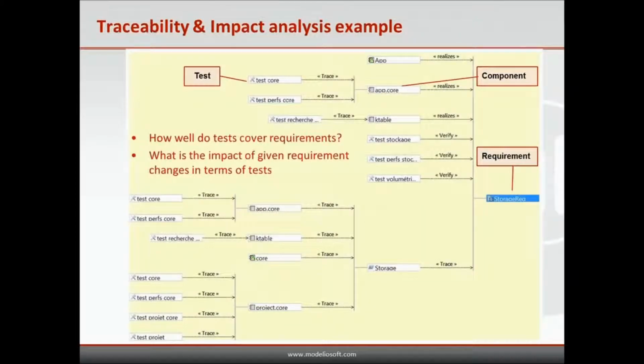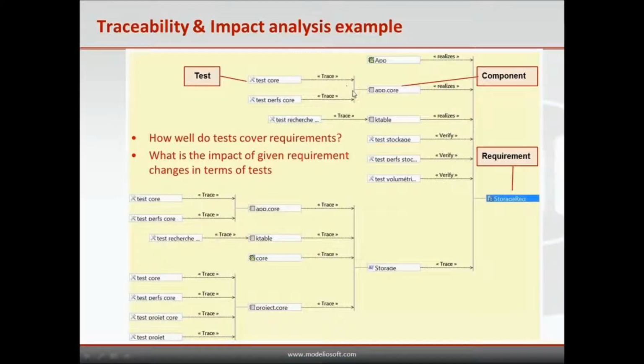Let's see here an example of Modelio with its link editor capacity. So this is a picture from Modelio. And here we have selected a requirement called storage requirement. So this is a requirement, and Modelio summarizes the dependencies that you have from this requirement.